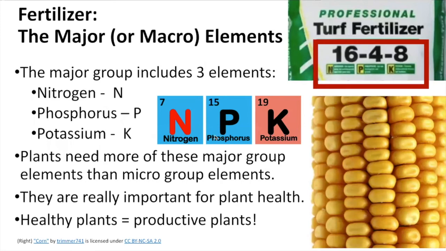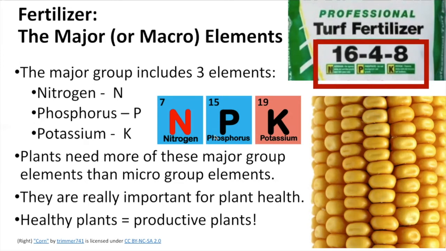Okay, N, P, and K, nitrogen, phosphorus, and potassium. These are the elements that are important and they're needed in large amounts. Now, we also have the minor elements, and we'll talk about that in just a few minutes. They're still important, but we don't need them in as large amounts.